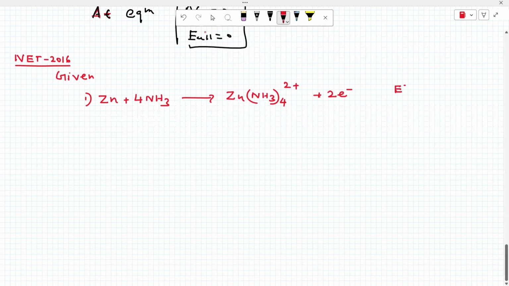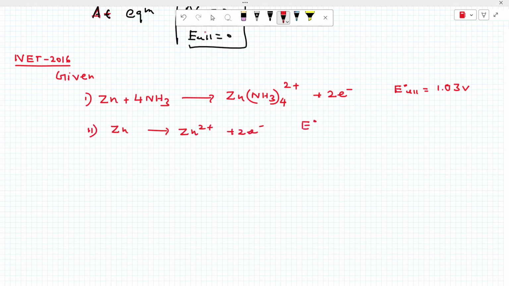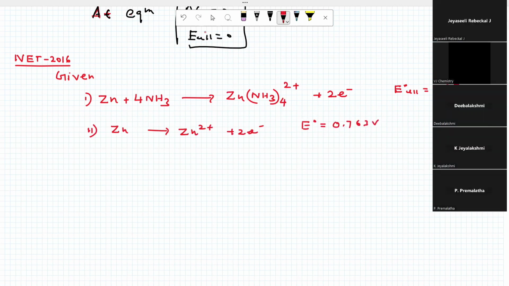Therefore, the E naught cell value is equal to 1.03 volt. Now the second one: Zn gives Zn 2+ plus 2 electrons. Here the value, that is E naught, is equal to 0.763 volt.